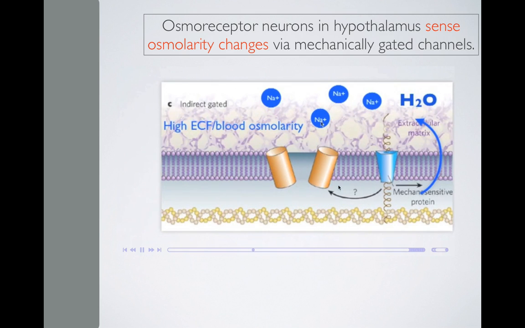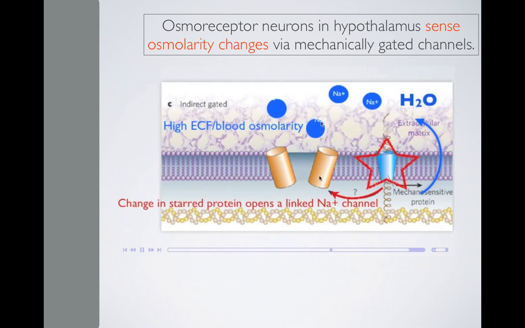Once that happens, the cells are going to shrink and basically shrivel up. When they do, the proteins on the cell surface are going to get changed in terms of their shape. If that protein is linked with a sodium channel, what can happen is then this sodium channel will open, allowing sodium to come into this osmoreceptor, triggering an action potential.